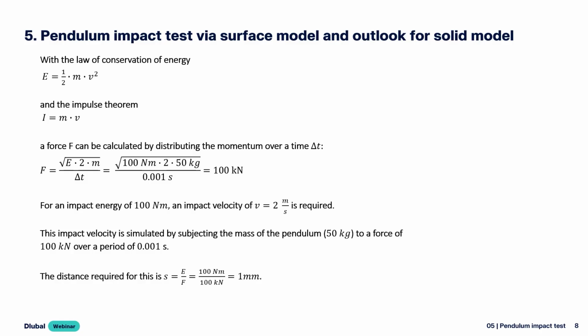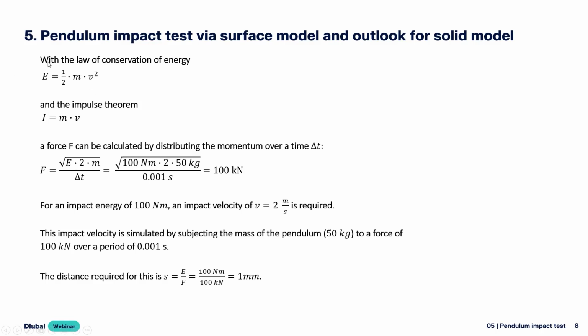I think it's a tire which normally is weighted with a medicine ball, something like that. So that's the system, and it has 50 kilograms, and it has roughly a stiffness of 400 kilonewton per meter. That's also gonna be in our stiffness there. So now we know the energy of 100 Newton meters.